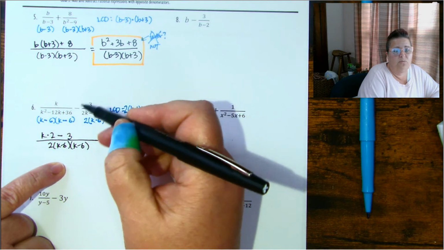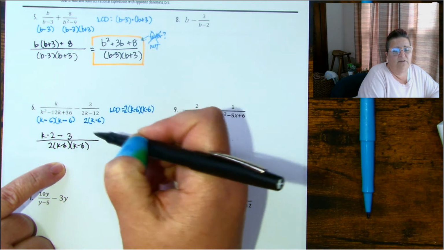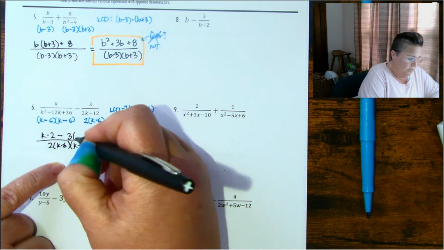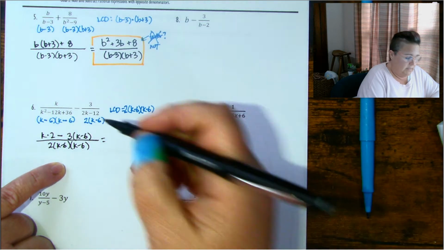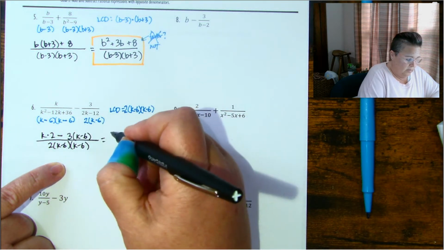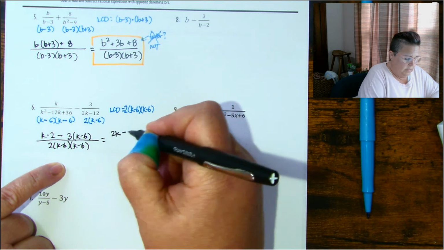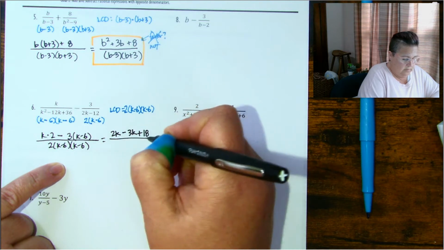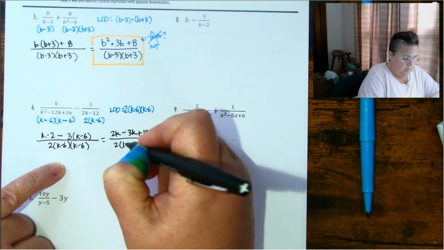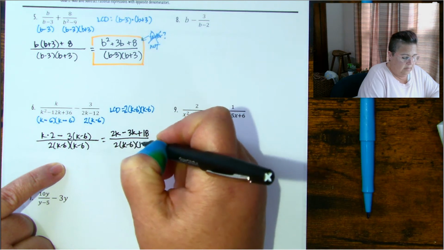So if I want to build this so it fits this denominator, I will need to multiply by k minus 6. Simplifying the numerator, I have 2k minus 3k plus 18 over 2 times k minus 6 times k minus 6.